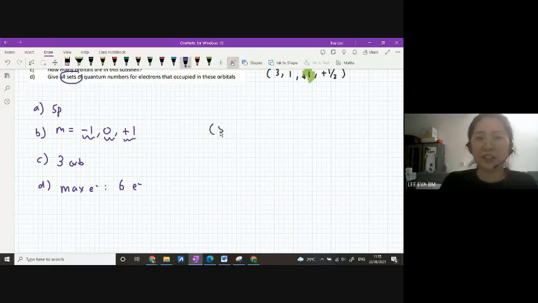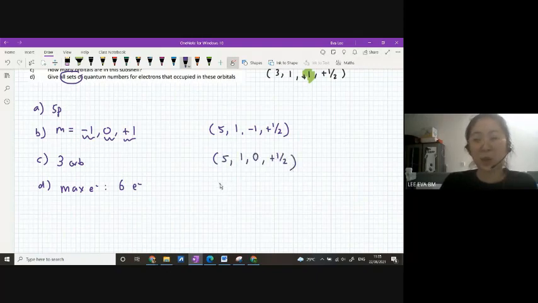So I have 5, 1, negative 1, positive half. Maybe I change the value to 0. I can have 5, 1, 0, positive half. I have still got one more orbital. So I have 5, 1, positive 1, positive half. Lagi 3 adalah bila awak tukarkan spin of that electron.